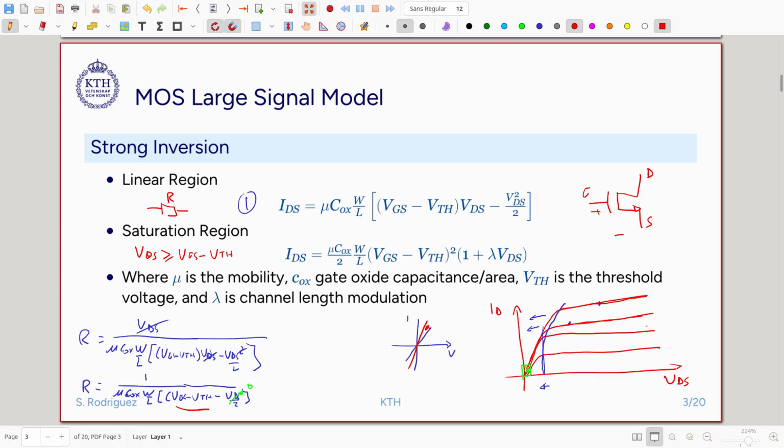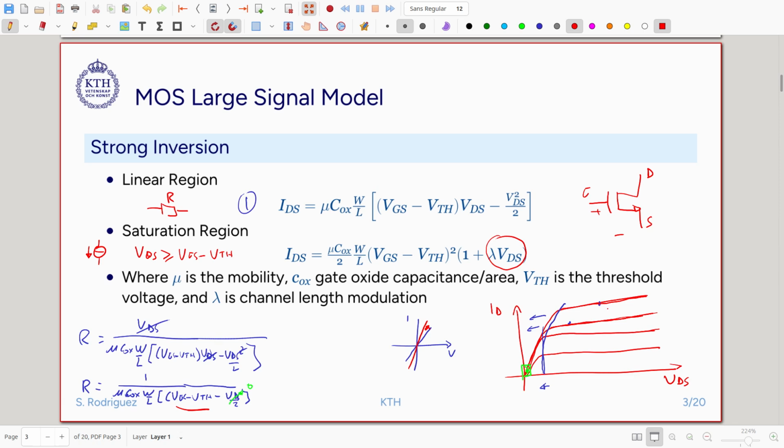We call this region the saturation region, and we can see that they are almost horizontal curves. In this region, the transistor works as a current source. Okay, it is not a perfect, ideal current source, it has some slope, and that is modeled by this. We see that it normally goes up a little bit, it has a positive slope.